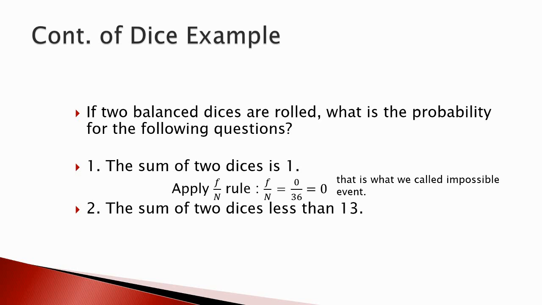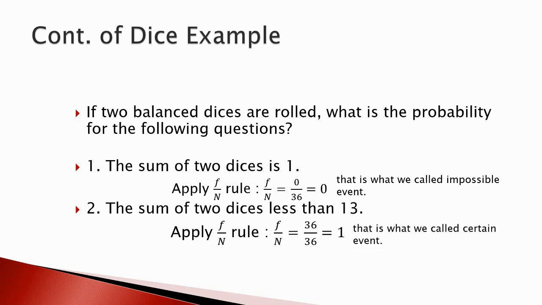This means the sum of two dice must be at most 12, which means less than 13, no matter which outcome we have. Therefore, f is equal to 36, and our result will be 1. The probability that the sum of two dice is less than 13 is 1. This is what we call a certain event.